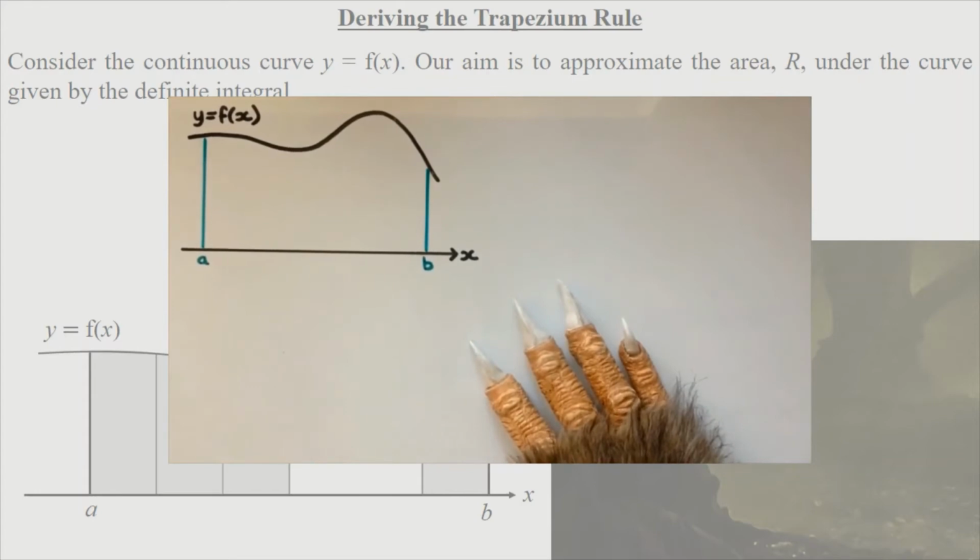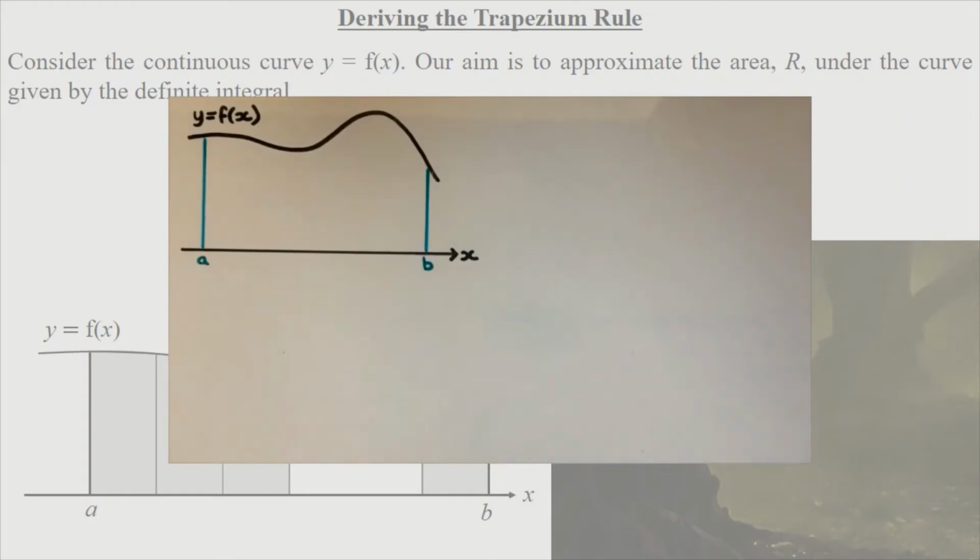What I'd like to do now is to walk you through the derivation of the trapezium rule. We've looked at one particular example where we're using trapezia to approximate the area, and that was y equals cot x.